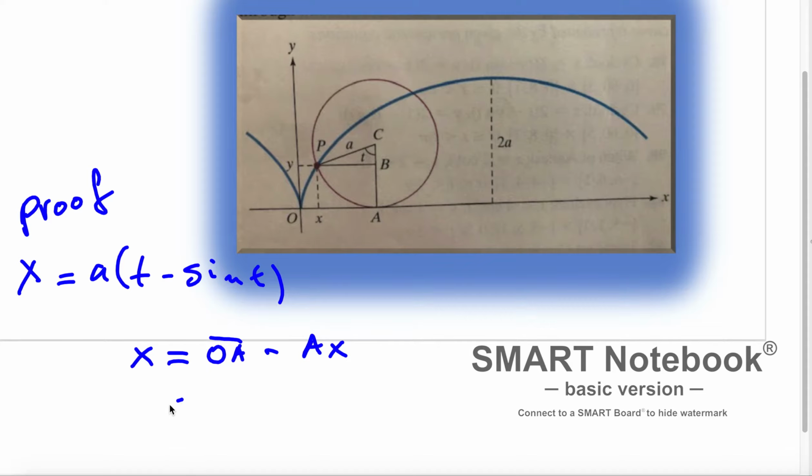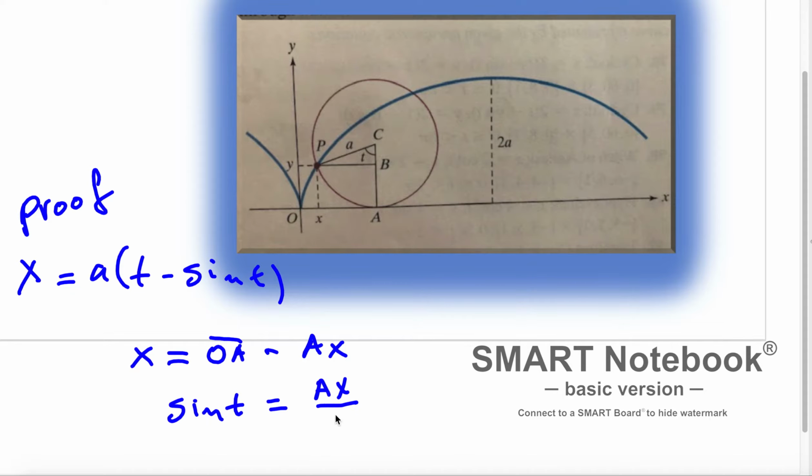So a sine t: the opposite side is PB, or AX, divided by the hypotenuse a.